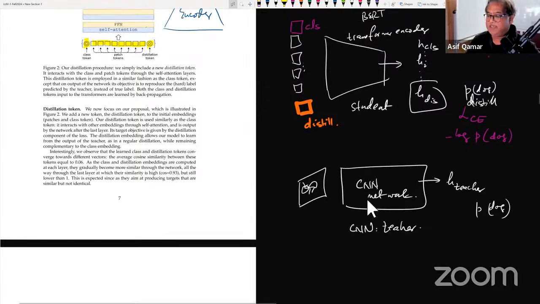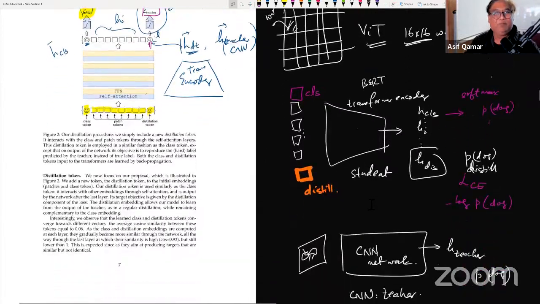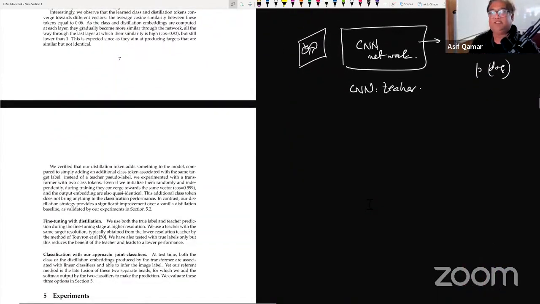Remember, you're not using the CLS token; you already did that with the cross-entropy loss. But they're saying add one more term to the loss function, which is the student-teacher loss function. The student's job is to predict the same thing as the teacher.